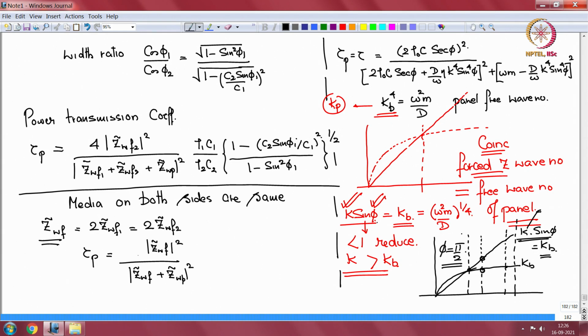But if you now go below, that means k equal to kb, below this basic coincidence frequency, which you should know, it is equal to c square root of m by d to the power half. This is the basic panel fluid coincidence frequency. If we go below that, then there is no phi angle for which you will have coincidence. So that should be remembered.